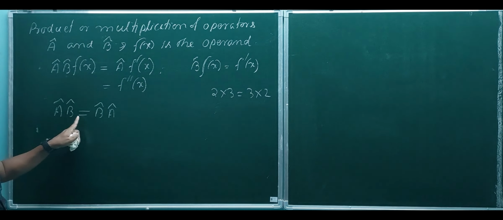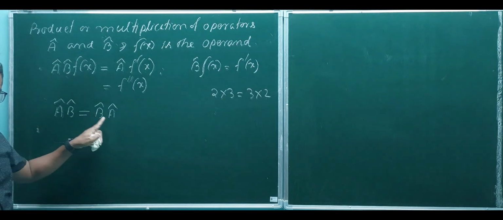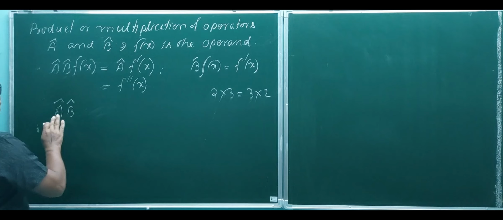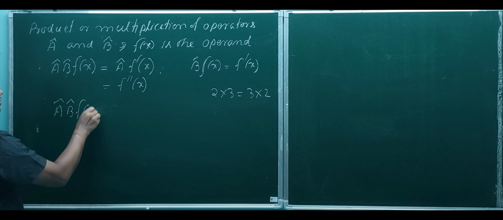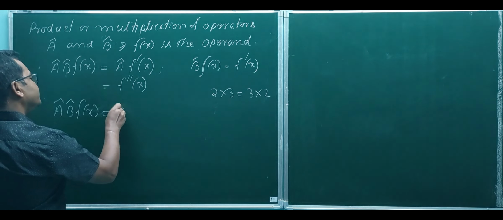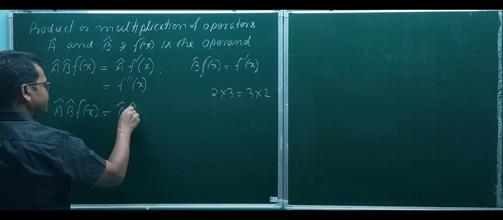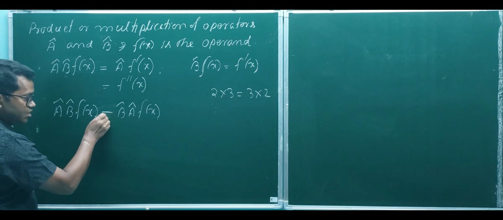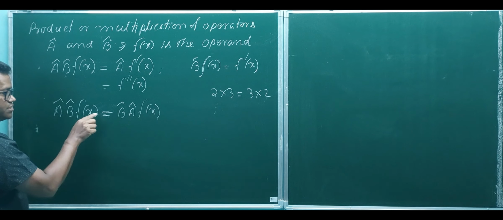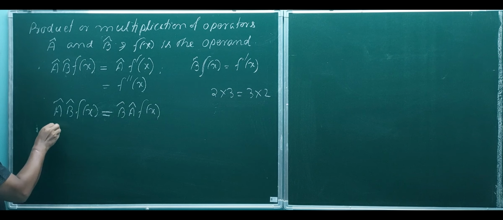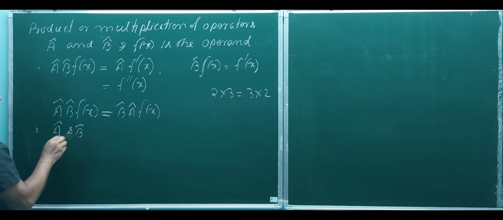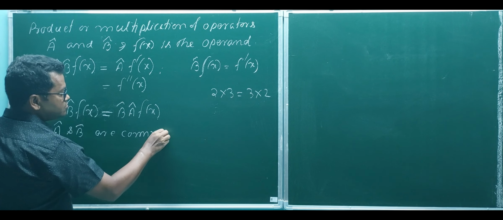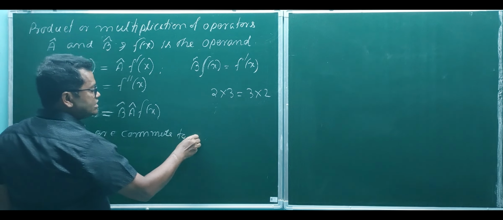That is, AB equal to BA may or may not be equal. That is, A cap B cap f(x) versus B cap A cap f(x). If this is equal, then these two operators A and B commute to each other.